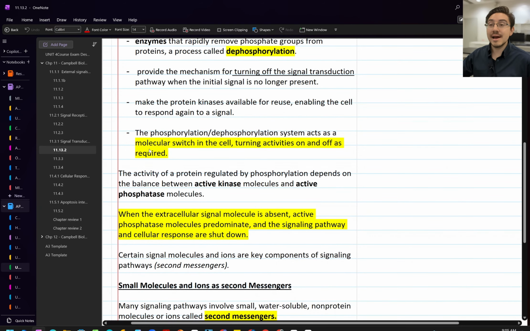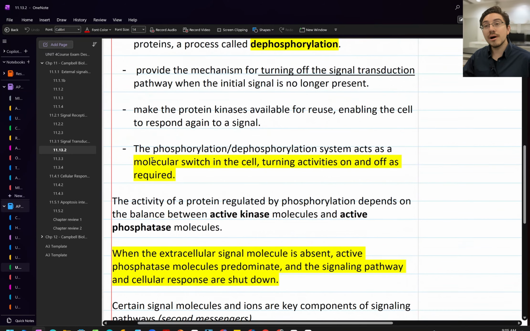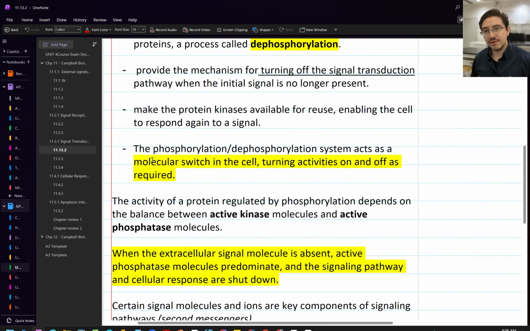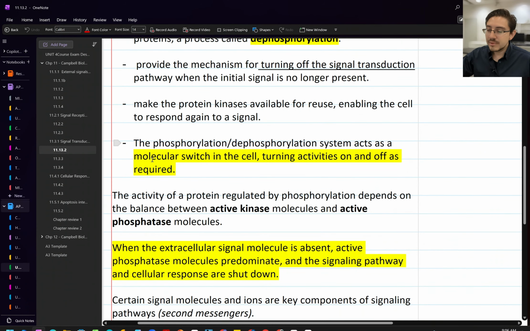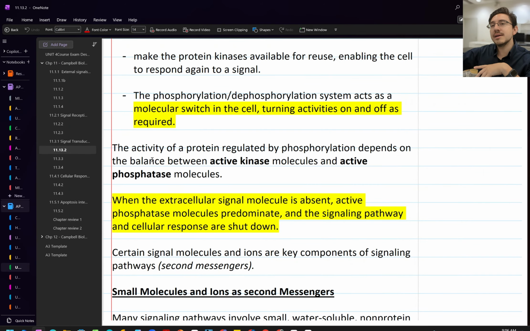Ultimately, the signal transduction will turn off. You are turning off the pathway whenever you are removing phosphate groups. And this is important because if you turn off the proteins, that could enable a signal that comes again to restart or jumpstart the pathway if you need it. So again, it helps to regulate the signaling system.